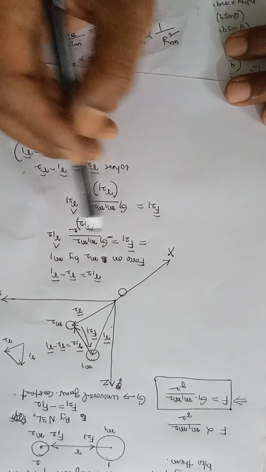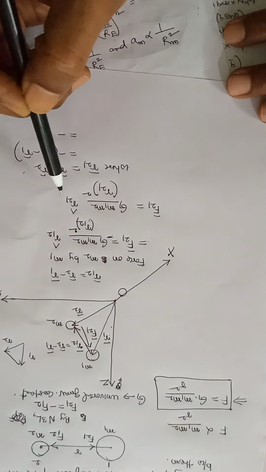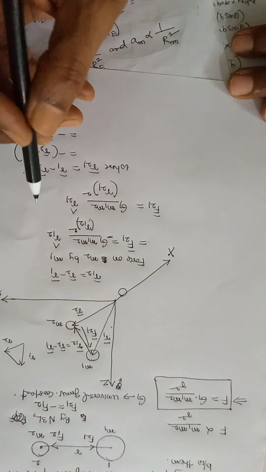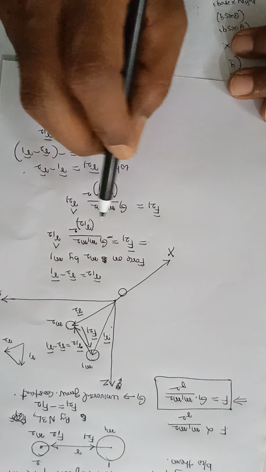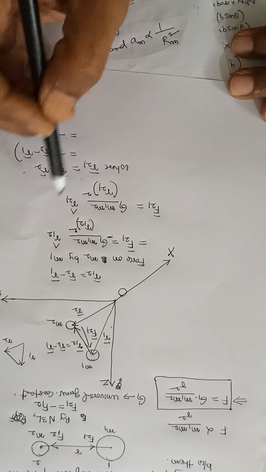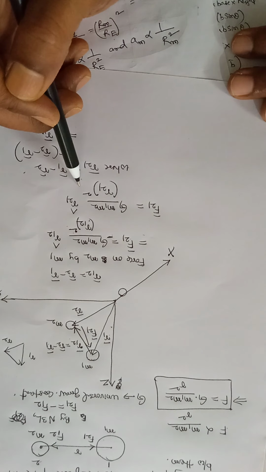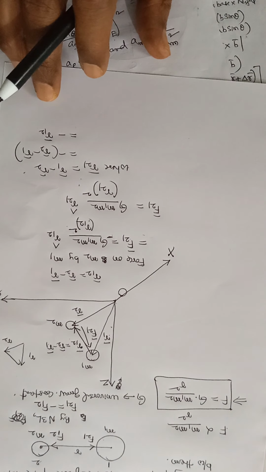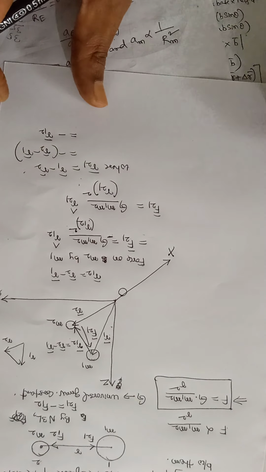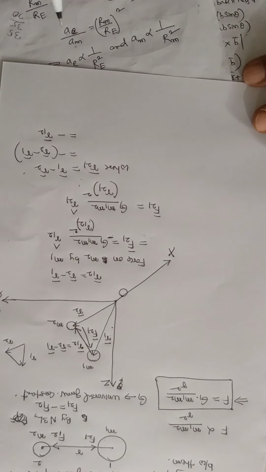So in place of minus R12, I wrote plus R21. You can express the equation either in this form or in this form. Both are one and the same. So F21 is over.